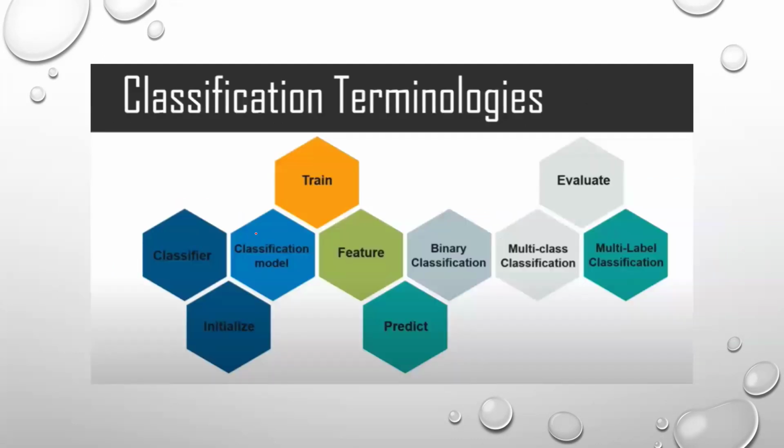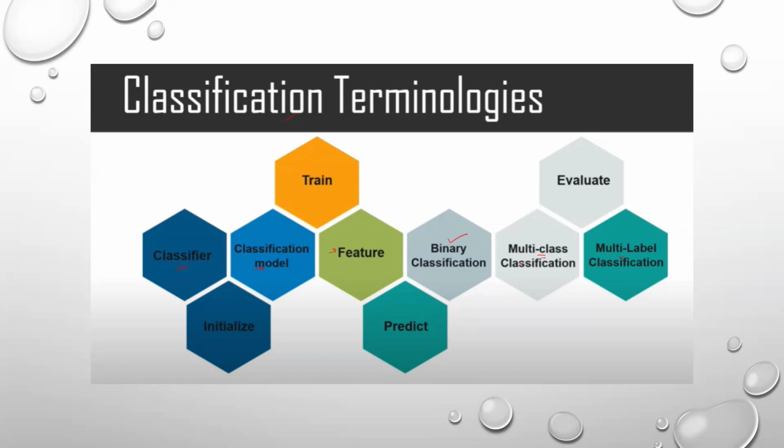And there are some terminologies related to this classification. To perform this classification, the very first thing we require is a classifier, and that we are going to give to a model. This classification model first extracts the features, and after extracting the features, once we classify, that classification may be a binary classification, multi-class classification, or multi-label classification.